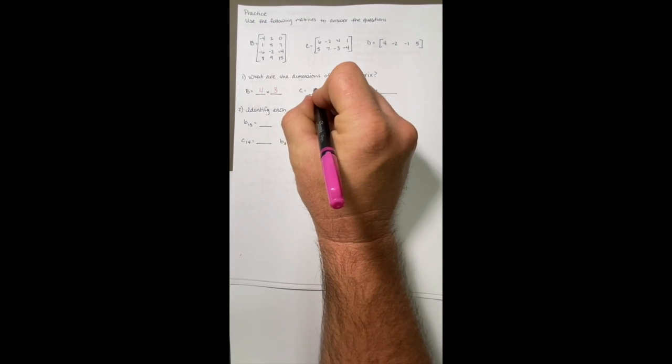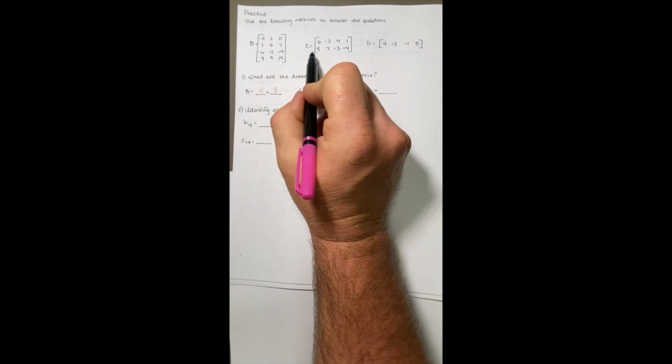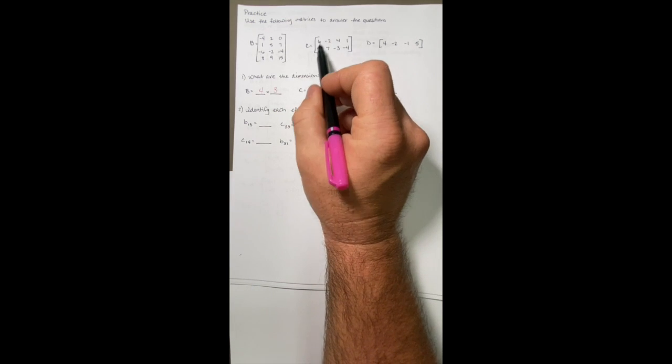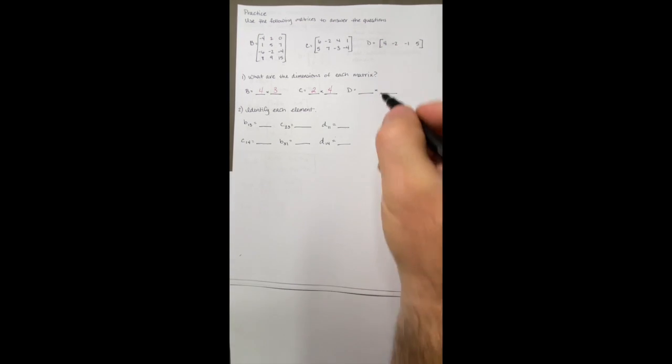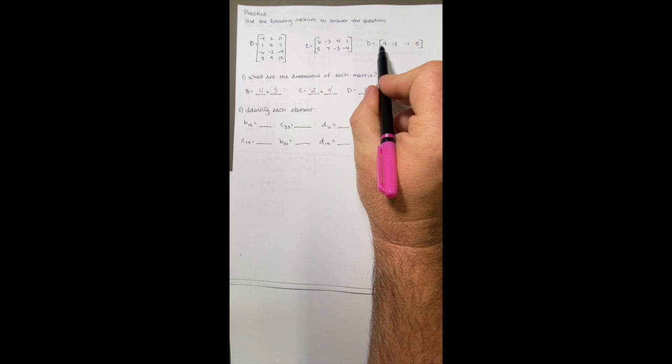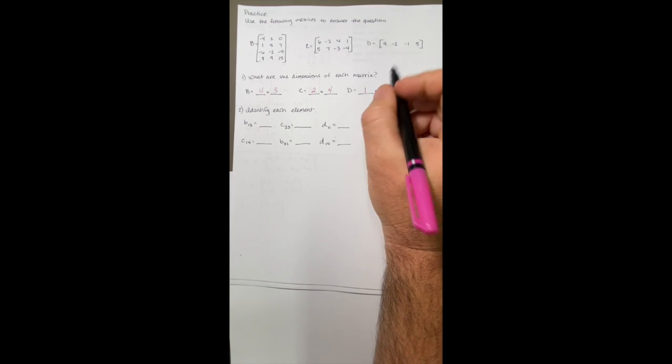Matrix C, there are only 2 rows, by 1, 2, 3, 4 columns. And then matrix D has only 1 row right here and 4 columns. All right, so basic stuff. I'm not trying to ask too much. Let's look at the next part.